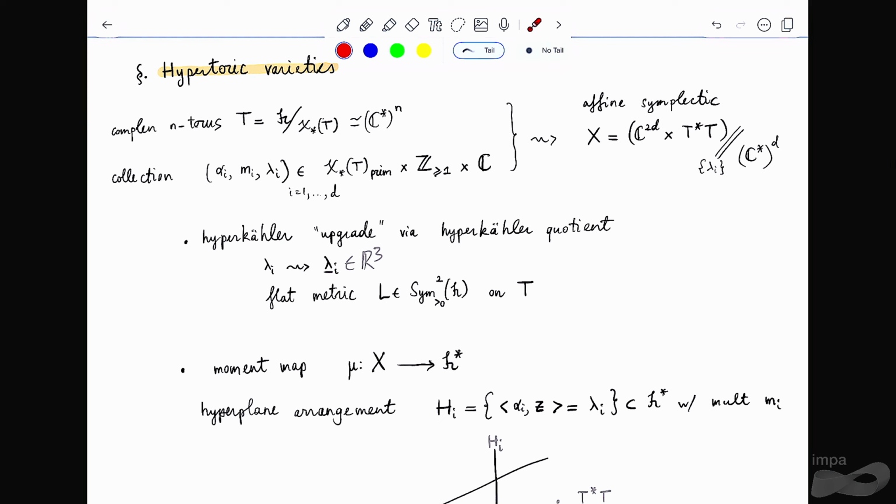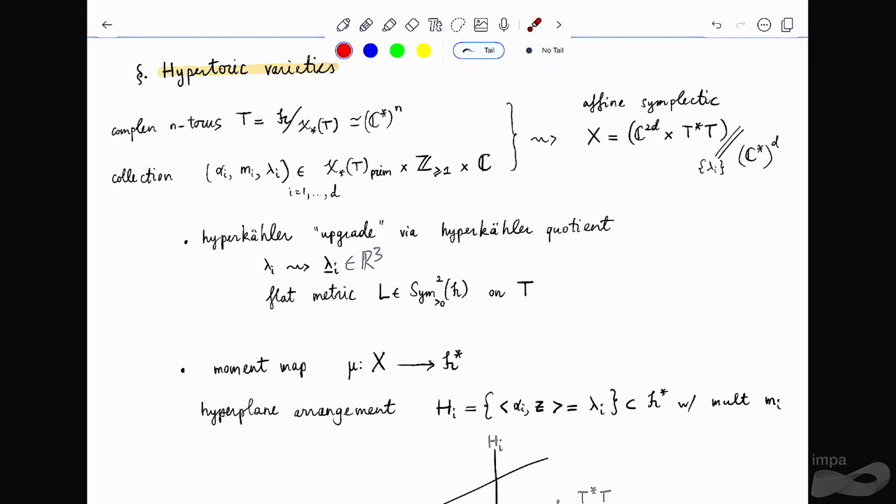Okay, and then to fix the asymptotics, in the four-dimensional case, we had this constant L that was telling us the size of the circle at infinity. Now we're free to choose a flat metric on this torus T, so this is some symmetric positive definite metric on the Lie algebra of this torus, and then we get a metric that, in generic directions going to infinity, looks like some sort of Riemannian submersion.